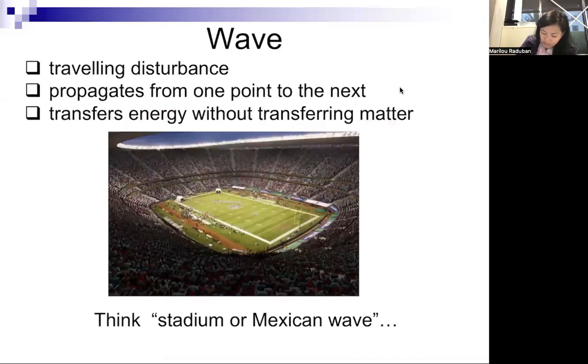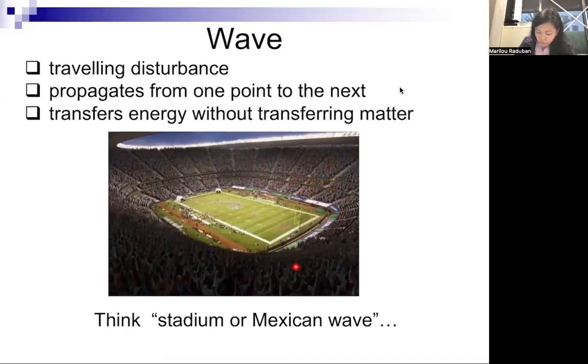So here you can see in this picture a stadium. Maybe at one point, people decided to do this Mexican wave, and notice how that sort of travels around the stadium.